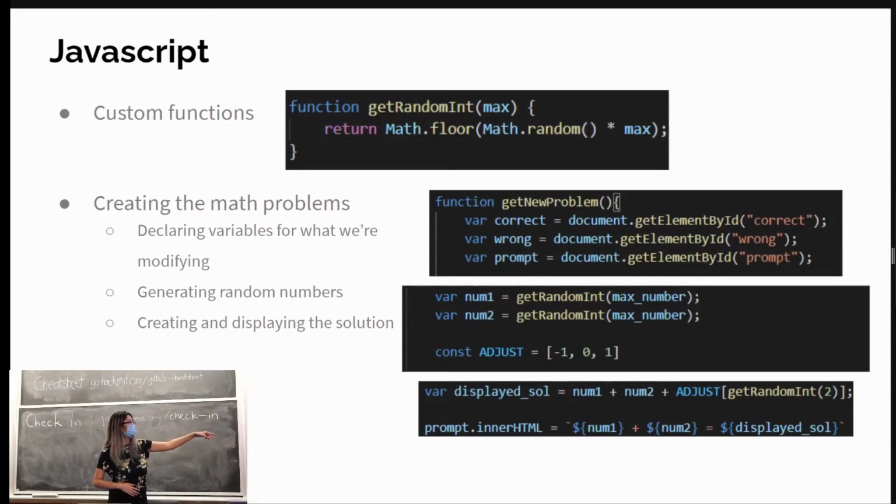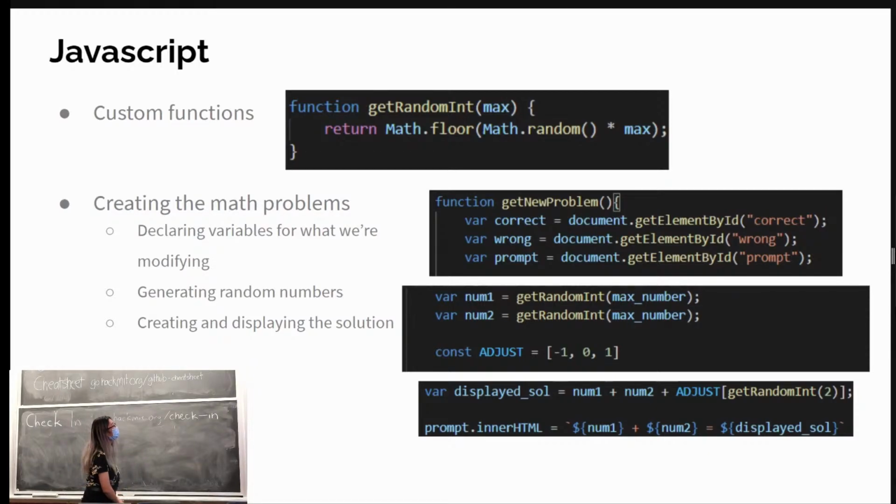So with prompt.innerHTML, we're setting whatever's inside that prompt to num1 plus num2 equals whatever solution we created. So if it was 2 plus 3 equals 5, then innerHTML 2 plus 3 equals 5 will be displayed. Does anyone have any questions on how I'm inserting numbers inside the .innerHTML? Or is it clear?